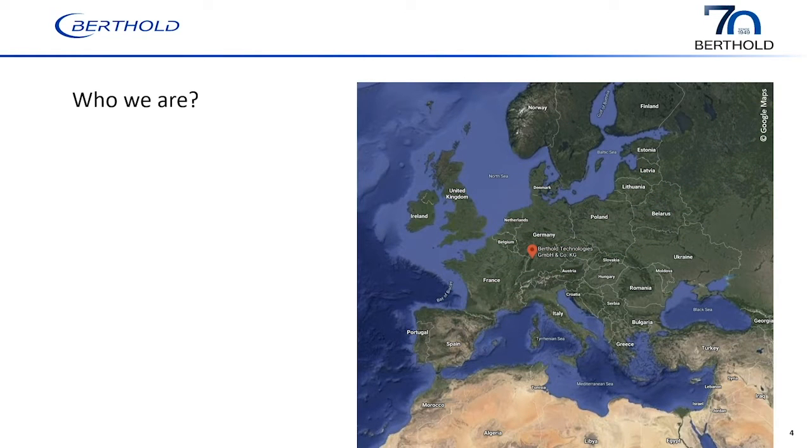So a few words about Berthold Technologies. Berthold Technologies is a German-based company with headquarters in the southwest of Germany, actually quite close to the French border, as you can see in the picture, where it's marked with a red dot.